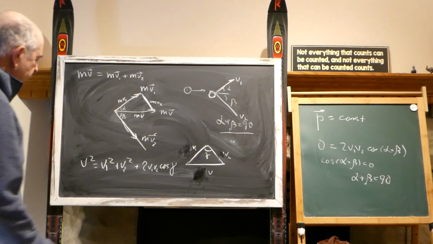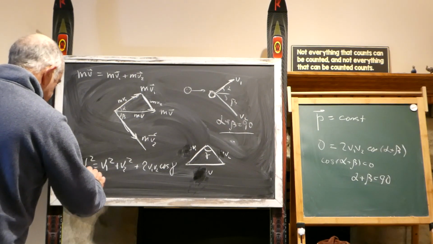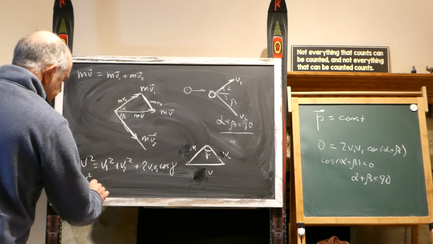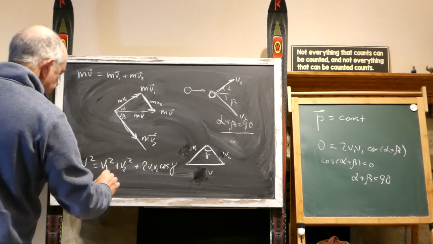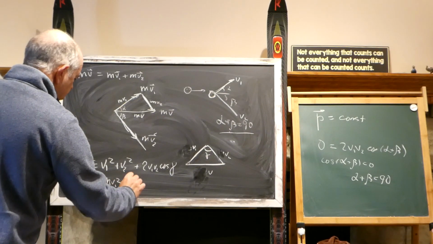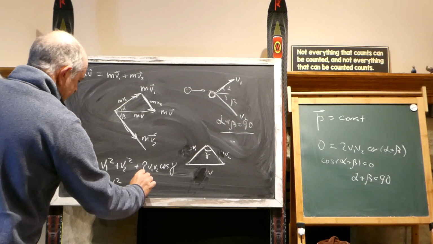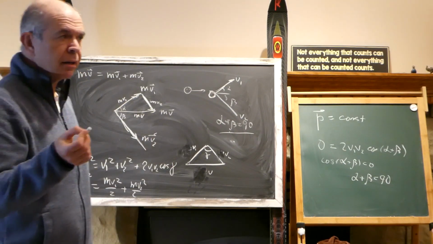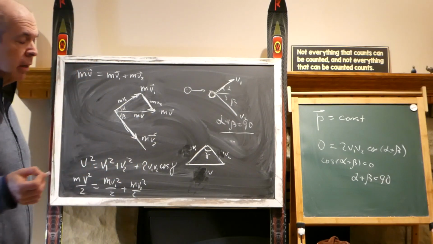Everything is fine. And then I have to recall that because of the law of conservation of energy, the initial kinetic energy mv squared over 2 equals mv1 squared over 2 plus the kinetic energy after the collision. Remember, this is fully ideal elasticity, no loss of energy.